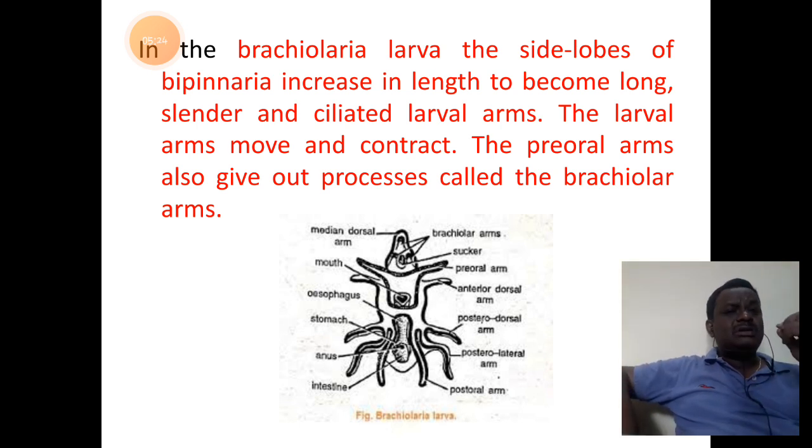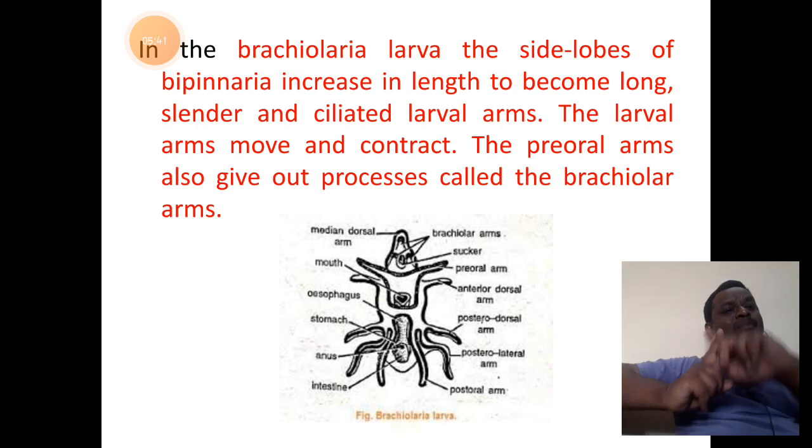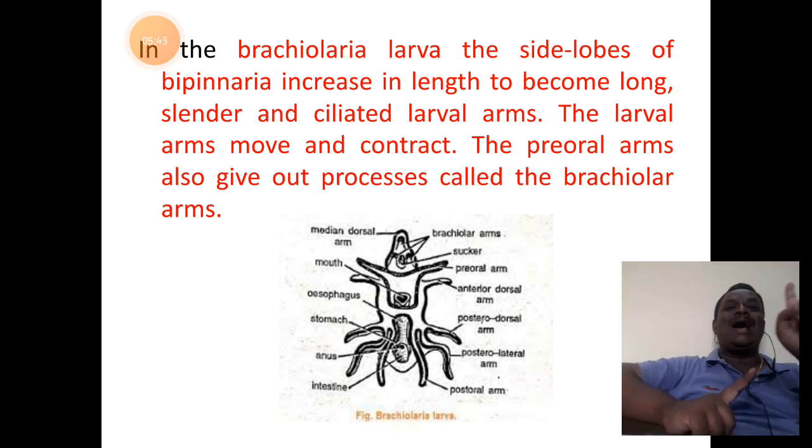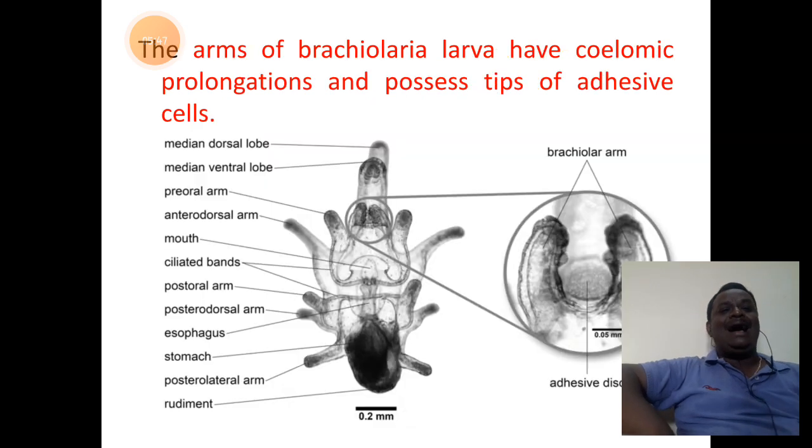The larval forms show the presence of preoral arms that help the organism to form special structures called brachiolar arms. So preoral arms will form the structure called brachiolar arms. What is the speciality of these brachiolar arms?